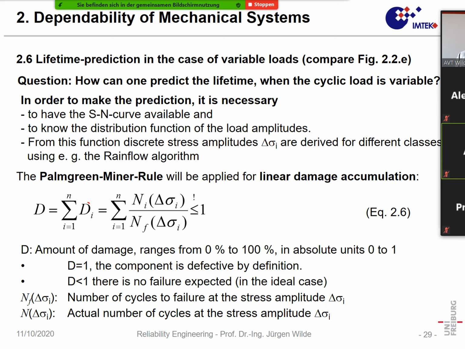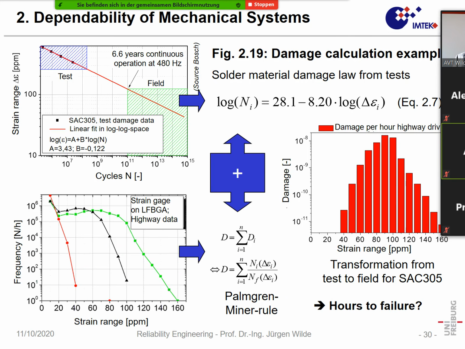Okay, in that way, we are able to predict the lifetime, and in our case, I will not go into the details, but we can see, having a certain range of tests, then we can extrapolate how many cycles it can tolerate in the field, and the field is defined by variable load conditions.